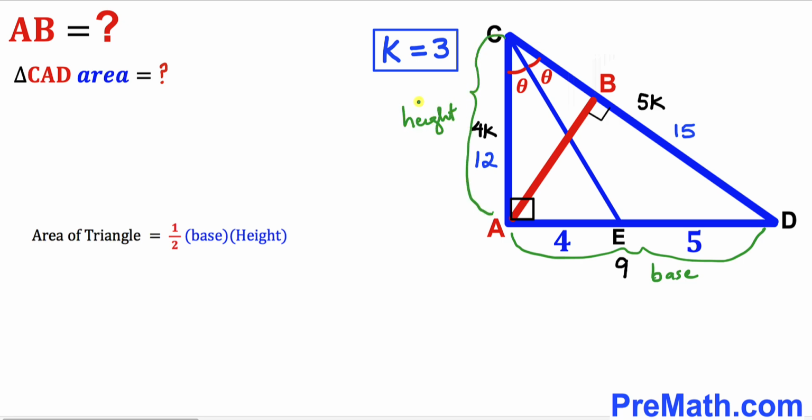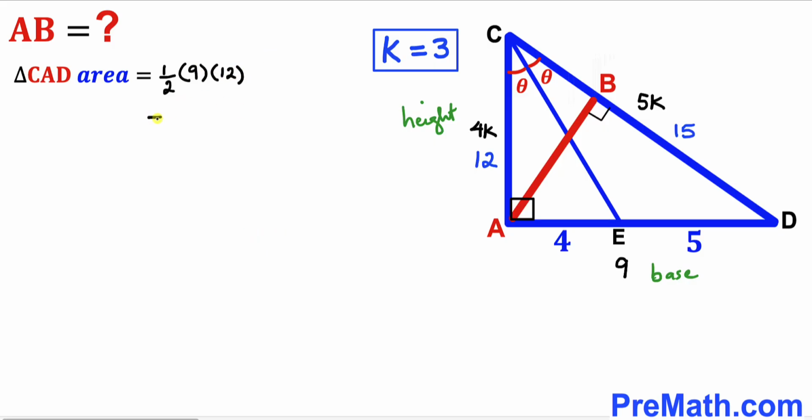So our base is 9 and the height is 12 units. The area of triangle CAD is a half times 9 times 12, which simplifies to 54 square units.